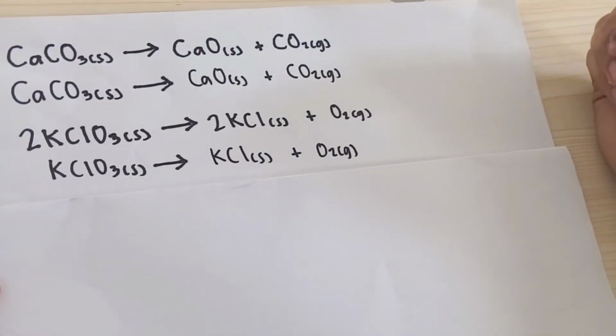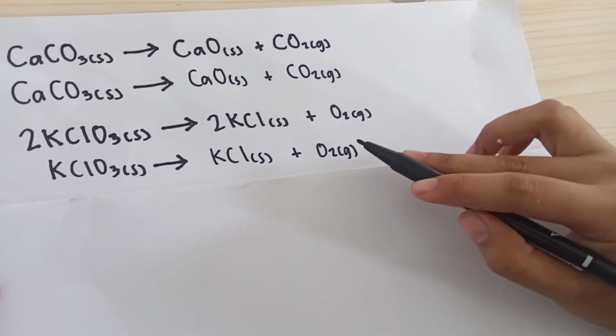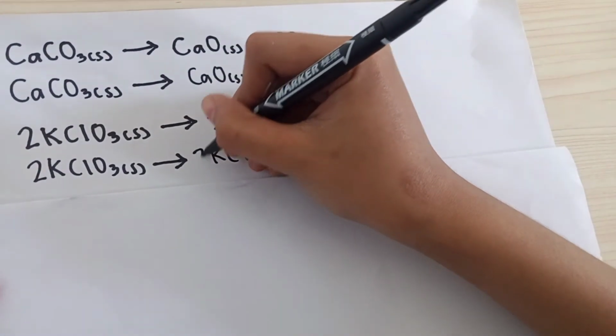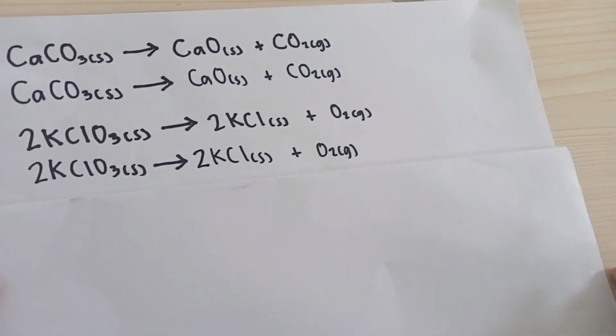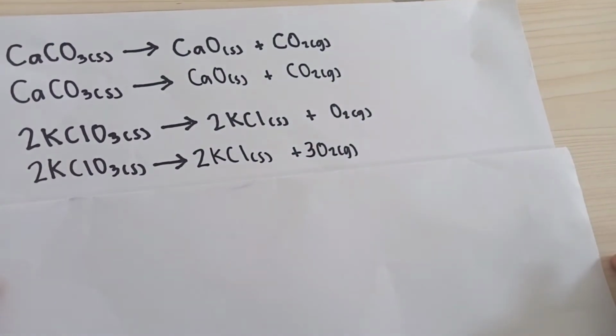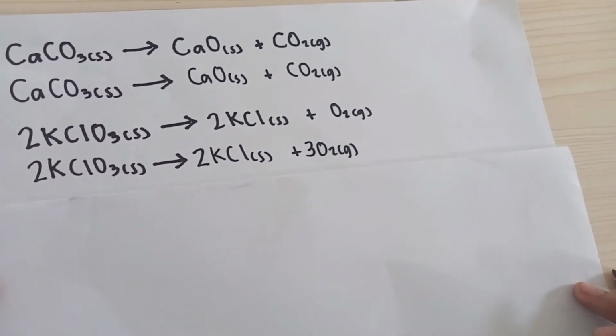We need to balance the equation, and we do it by putting 2 here, also 2 here, and 3 here. The equation is balanced, so that's how we predict and balance the equation.